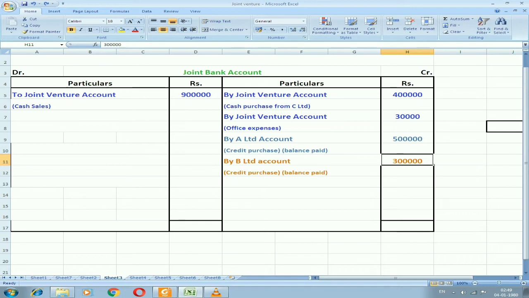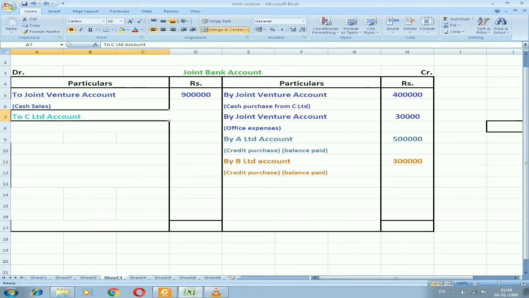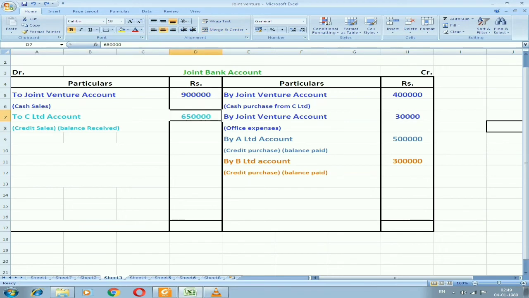Apart from that, on the C Limited account, we have one joint bank account. That is credit sales, which is on the credit side of C Limited account, that we are supposed to transfer to joint bank account on the debit side in the name of C Limited, 6,50,000. Then apart from that, we need to check the entries related to joint bank account. Do we have any joint bank account on co-ventures account?